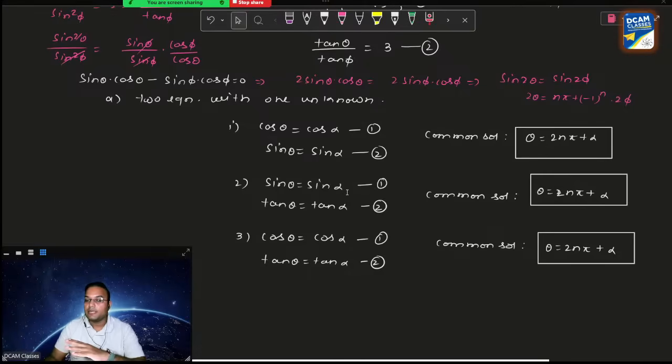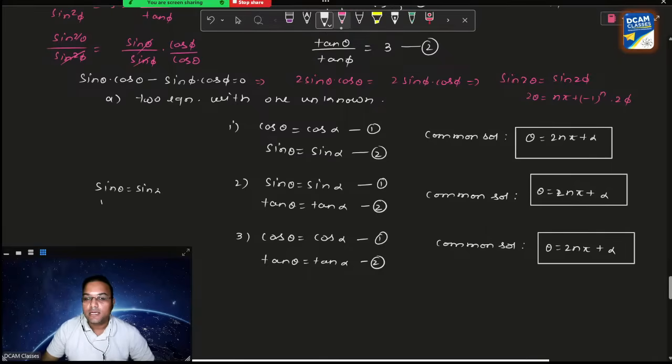If sine theta is equal to sine alpha, some angle, and tan theta is equal to tan beta, and alpha and beta are not equal, then it is difficult to write the answer, because alpha and beta are different.